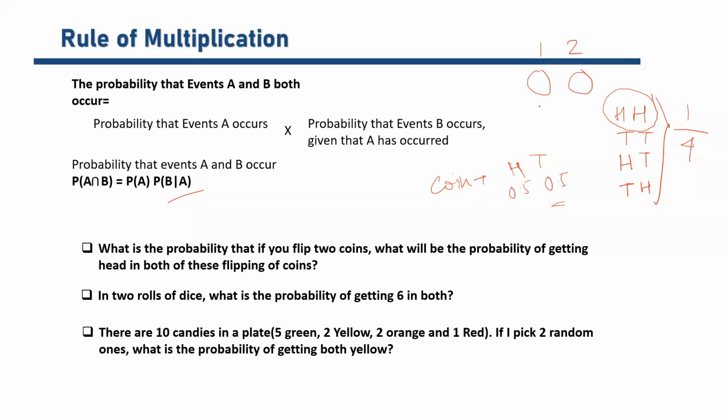You can get head and head, tail and tail, or a head and a tail, or a tail and a head. So you have only four possible outcomes, and out of that only one option is heads in both. So 1/4 is the answer.